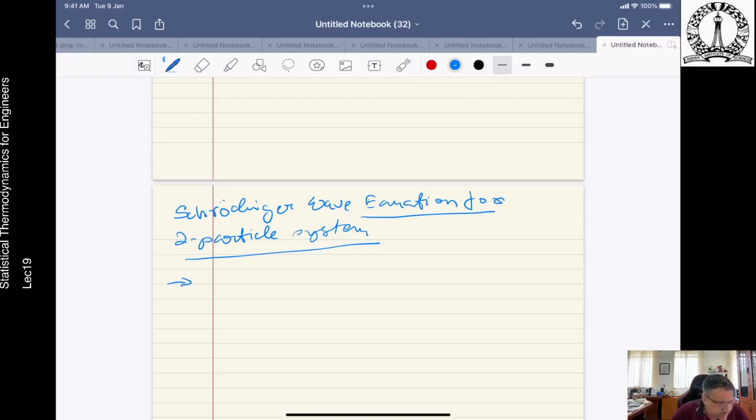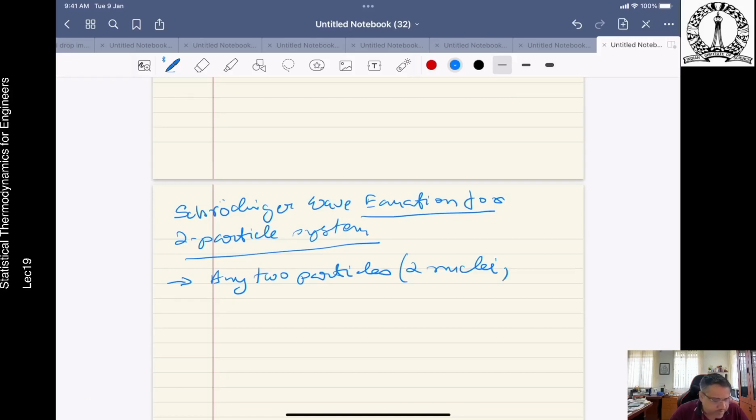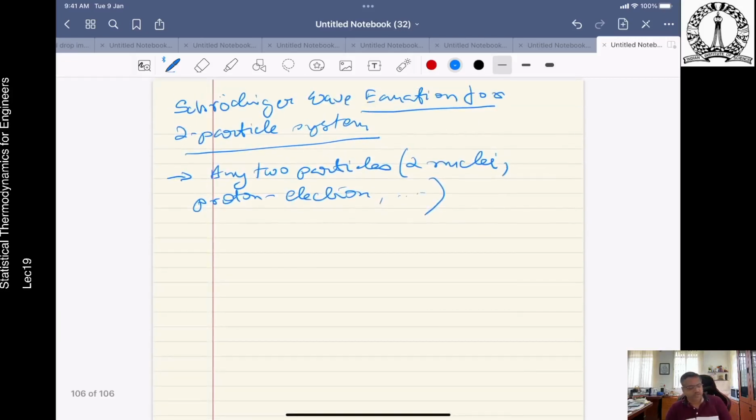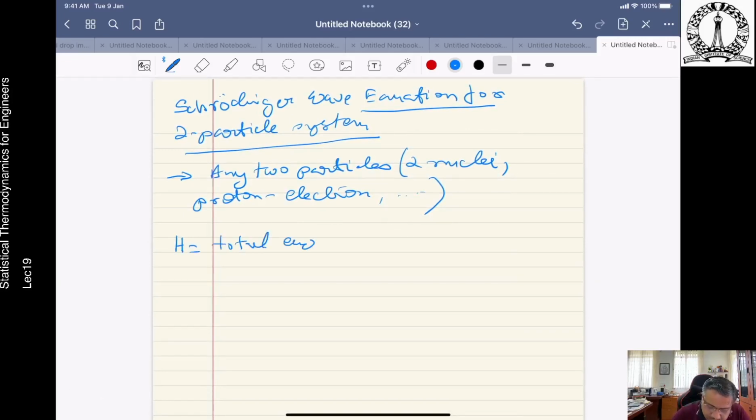It can be, for example, any two particles, like two nuclei, proton, electron, and so on. Let's first write the energy, H, basically the total energy. For a single particle system, remember we said that the potential energy was 0.